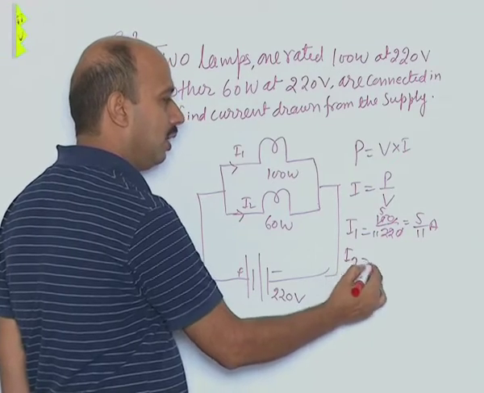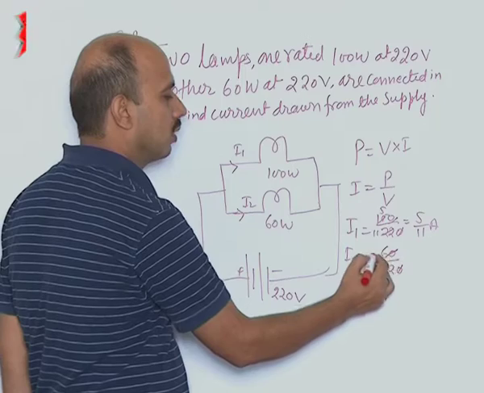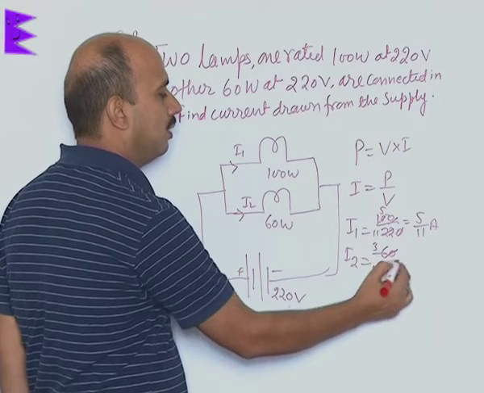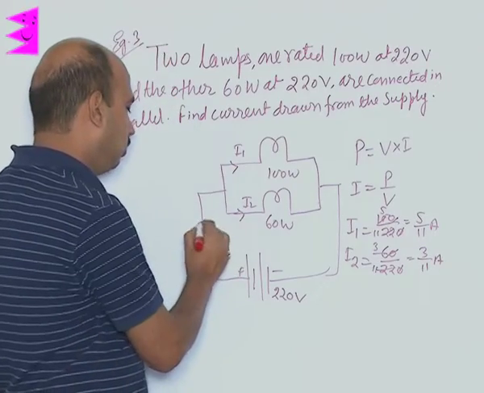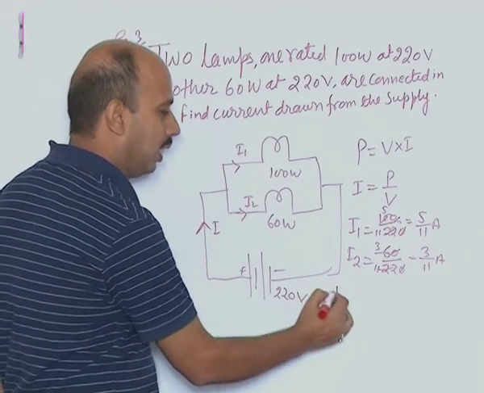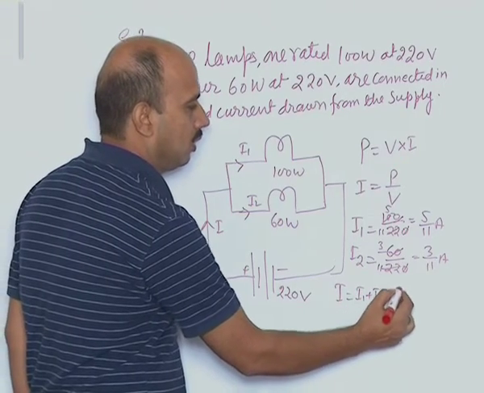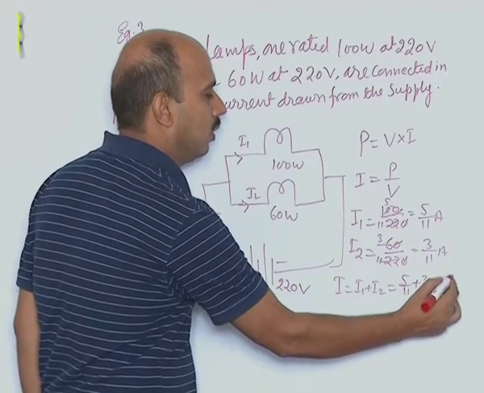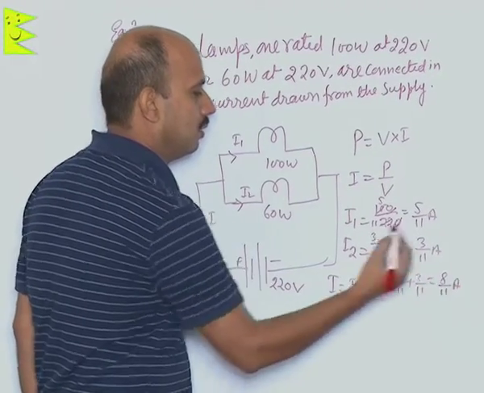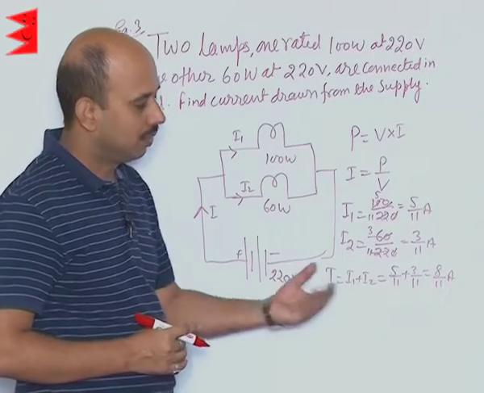Similarly, we can calculate I2, 60 by 220, that is 3 by 11 ampere. Now you can add these two currents to get the total current. I is equal to I1 plus I2, that is 5 by 11 plus 3 by 11 is equal to 8 by 11 ampere. So you can calculate current in this way.